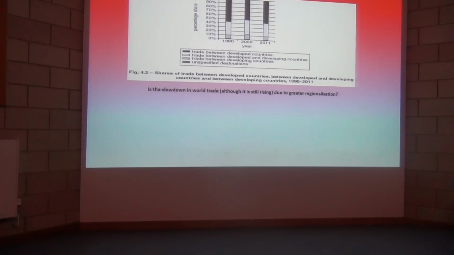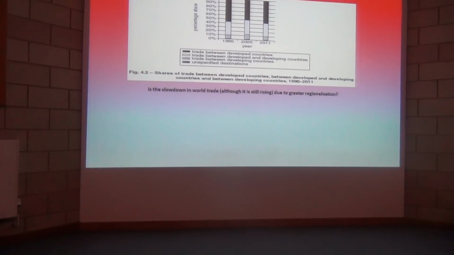Well, the first thing to notice, and forgive me if I'm pointing out the obvious, is that trade between developed countries is far and away the greatest proportion of trade in 1990, in 2000 and in 2011.